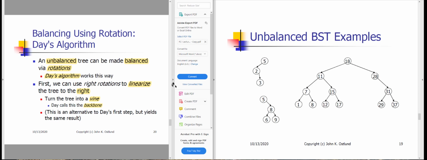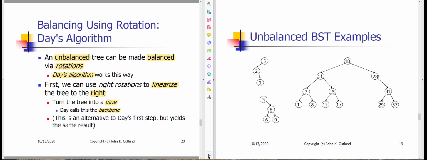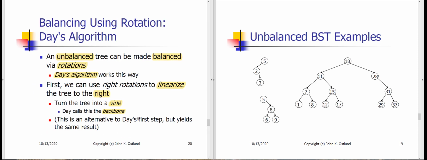I'll mention that his first step does involve linearizing the tree. He does it in a slightly different way than just using right rotations. But the point is to get a vine, and we can use right rotations to get the vine. So let's do that.